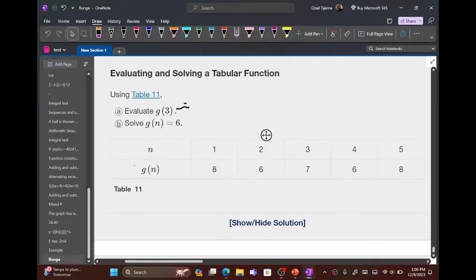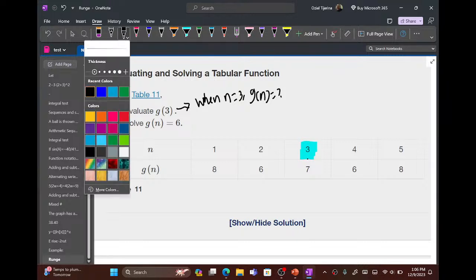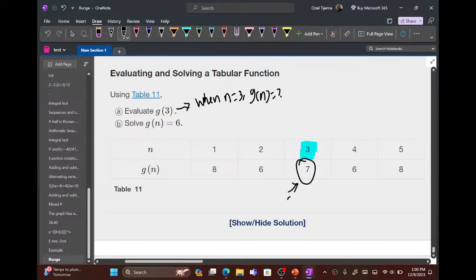This means that when n equals 3, g of n equals what? When the input is 3, what is the output? So we're going to look at when n equals 3. Obviously it is right here. What is g of n? G of n is 7.